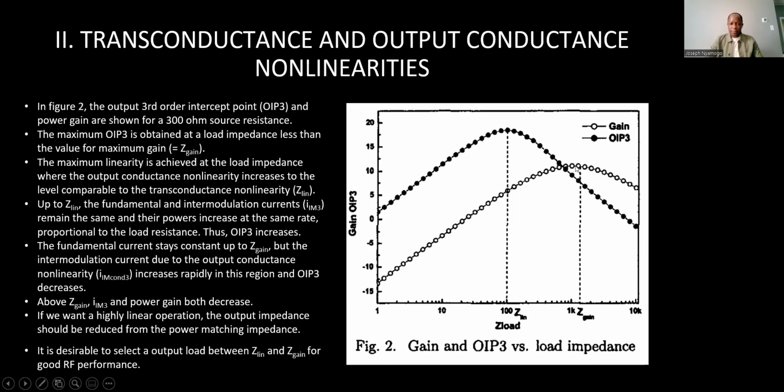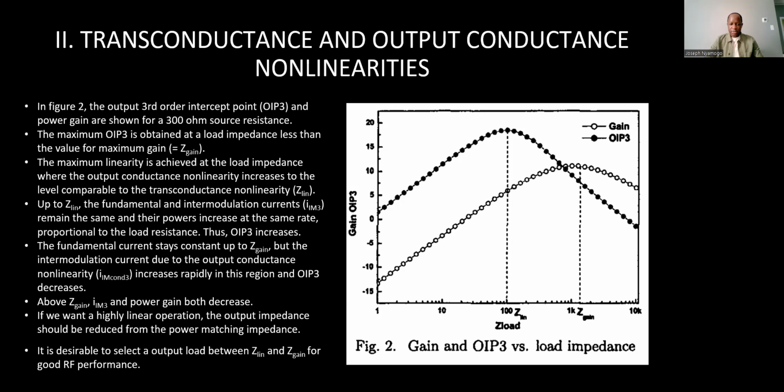Maximum linearity is achieved at the load impedance where the output conductance nonlinearity increases to the level comparable to the transconductance nonlinearity, ZLN. After ZLN, the fundamental and intermodulation currents IM3 remain the same, and their powers increase at the same rate, proportional to the load resistance. Thus, OIP3 increases.